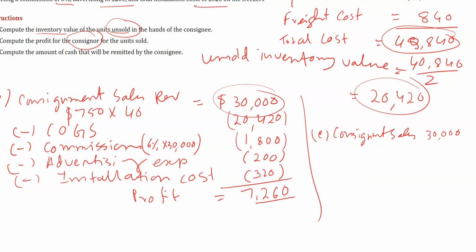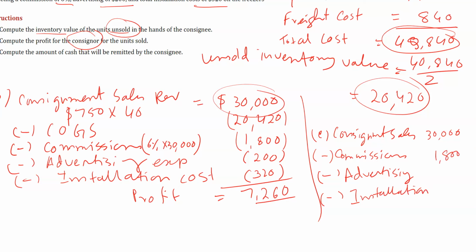This is the cash the consignee received from the customer. But when the consignee transfers the cash, the consignee will subtract commissions, and subtract the advertising that would be reimbursed, and also the installation cost that was paid. So you subtract commission 1,800, which we already calculated at 6%, advertising 200, installation 320.